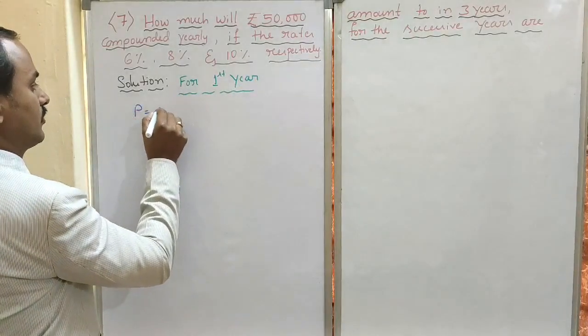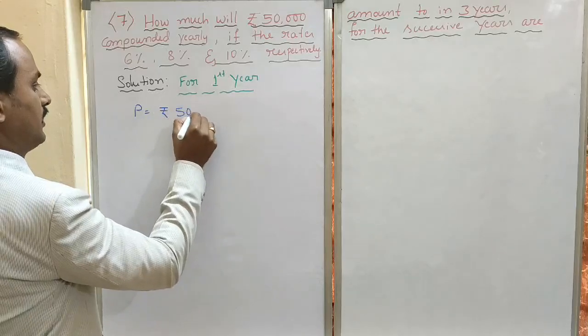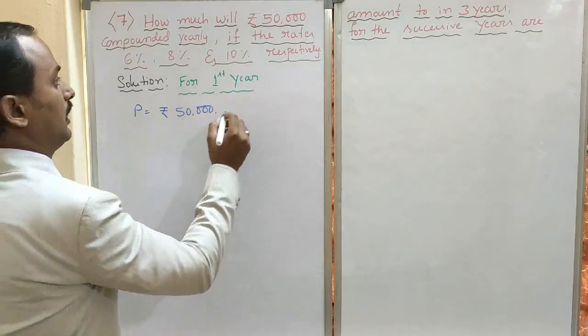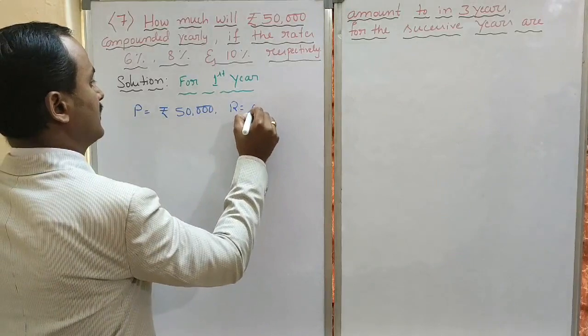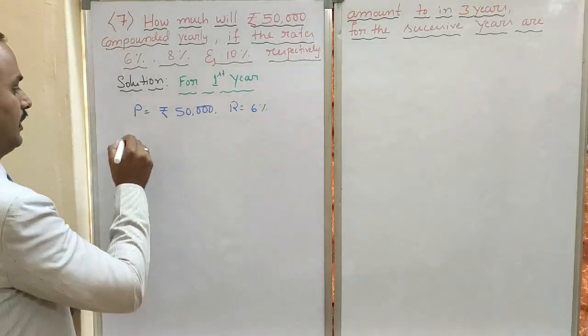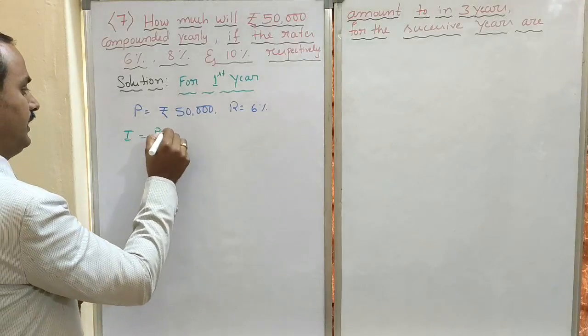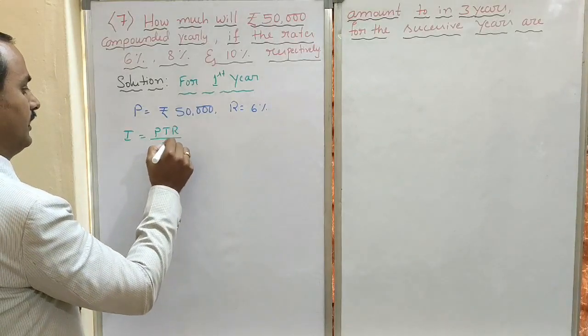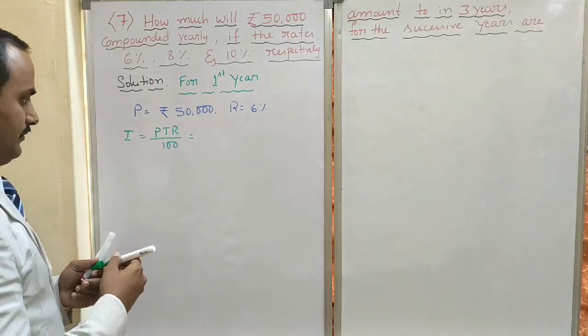Principal amount is rupees 50,000. Rate of interest is 6%. Interest formula is I equals PTR divided by 100.